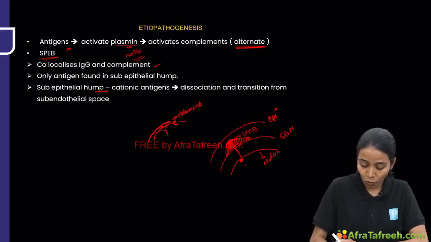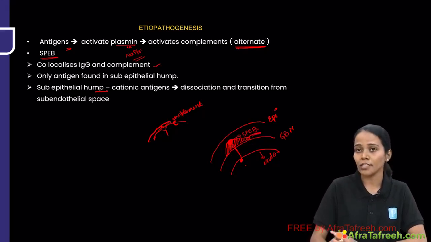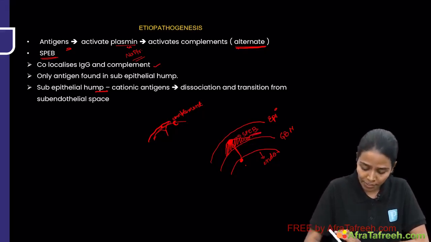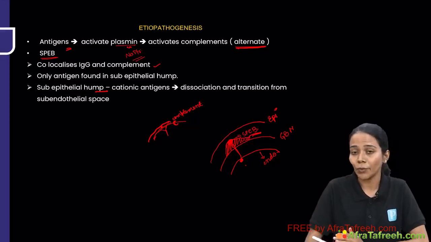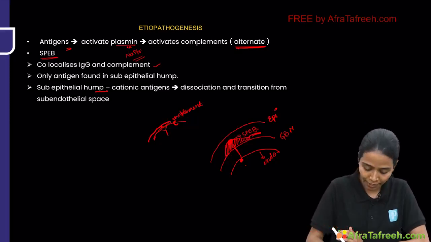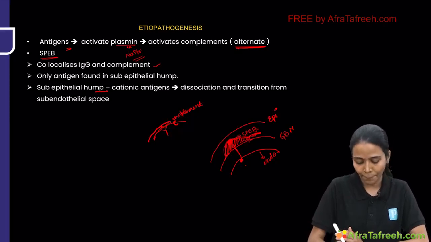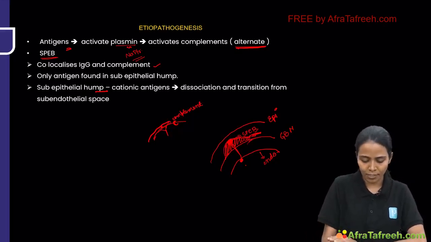And this is the only antigen that you see in the subepithelial space. Once it reaches the subepithelial space, it is going to elicit an immune response and lead to subepithelial hump. Okay, so you can find the same things here.